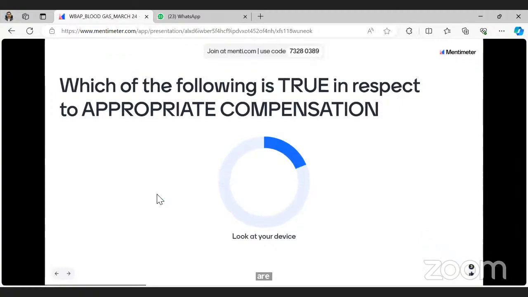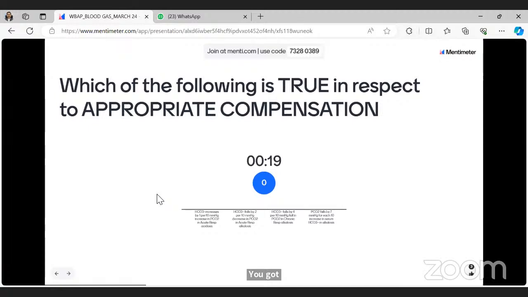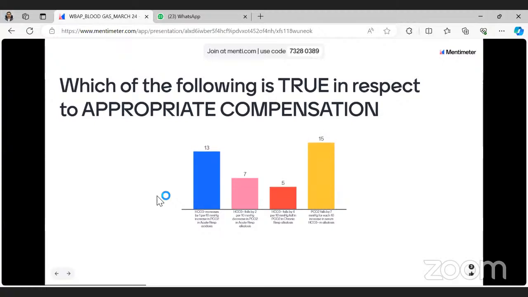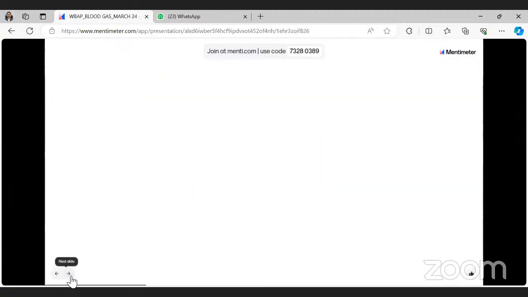Regarding compensation, which of the following is true? The majority answered correctly.